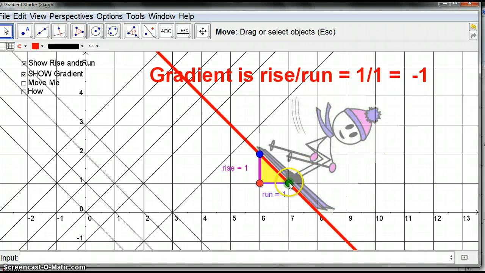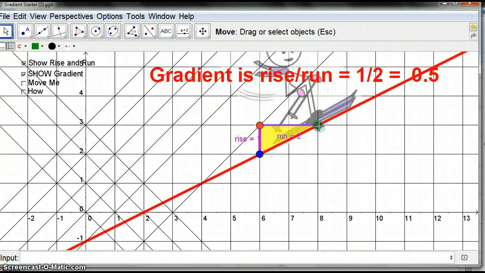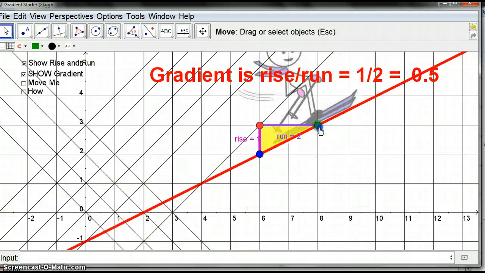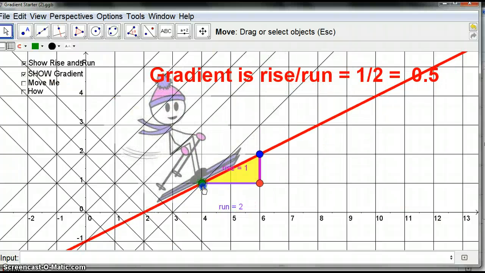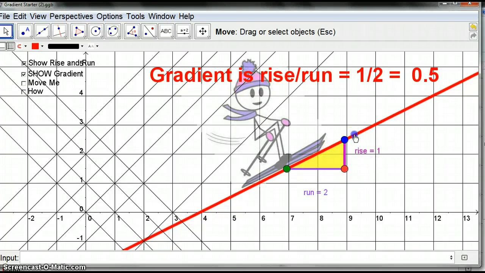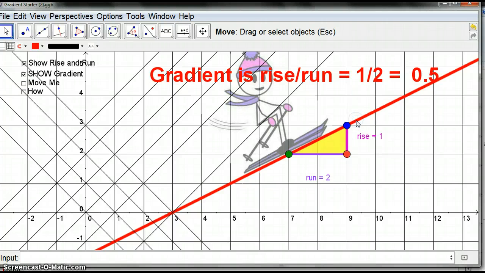Okay? Now let's have a look at a gradient of a half, for example. It doesn't matter if you think of it this way or that way, it's still the same slope. Does that make sense? So we look at the rise, which is our change in y, over our run, which is our change in x. Okay? So 1 divided by 2 is a half. So that's the gradient of a half. So if I go y equals 0.5x, I get that line appearing. Does that make sense?